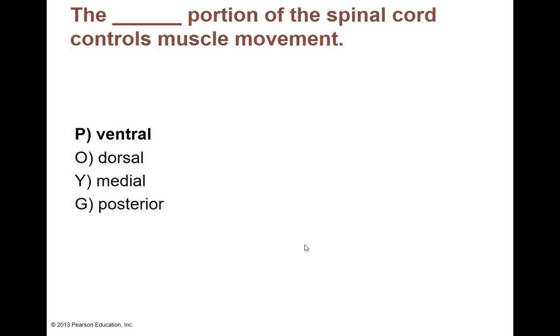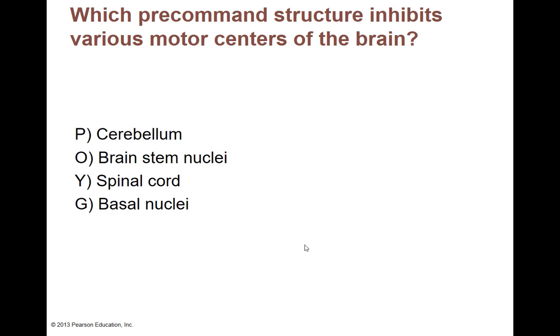It's the ventral. Information goes into the spinal cord on the back side, and it comes out on the front side. Sensory goes in the back, and going to do something about it is on the front, the ventral side.